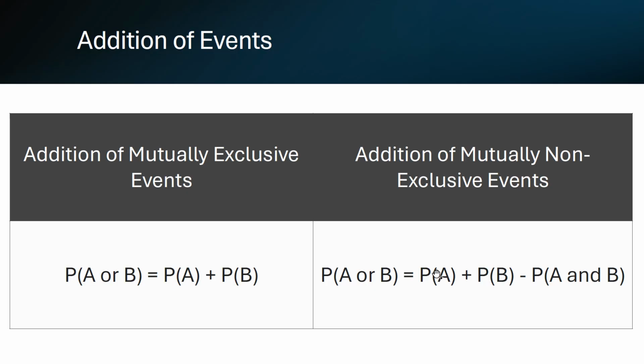So we remove the commonly occurring outcome in both of these events so that the double counting is eliminated. So we subtract the common outcomes.